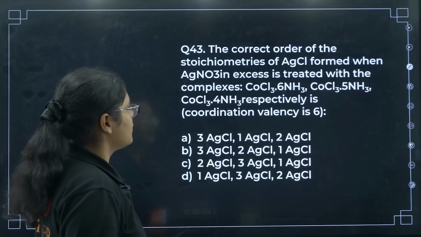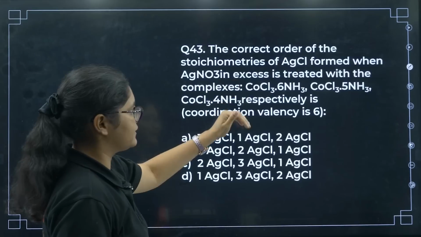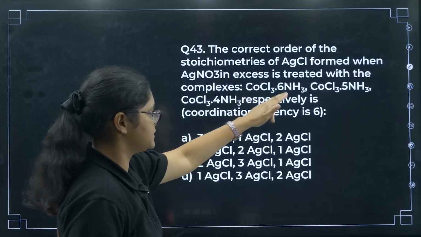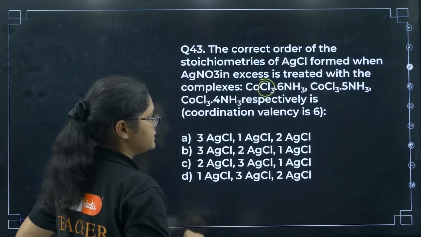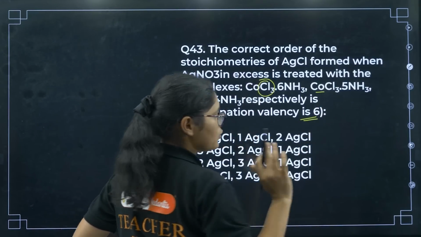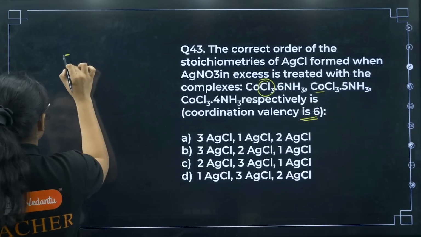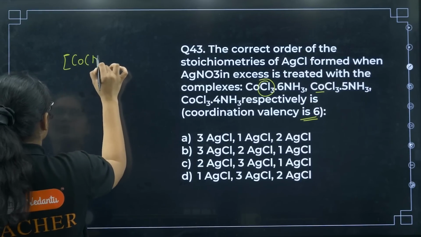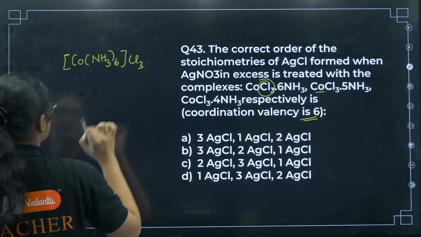Next, the correct order of the stoichiometries of AgCl formed when AgNO3 in excess is treated with the complexes, this one. Okay. So here you will get 3 Cl, so 3 AgCl will form. Here we have cobalt, coordination number is 6, means cobalt should have 6 bonds, right? So if I see the first one, I will write like this, [Co(NH3)6]Cl3.